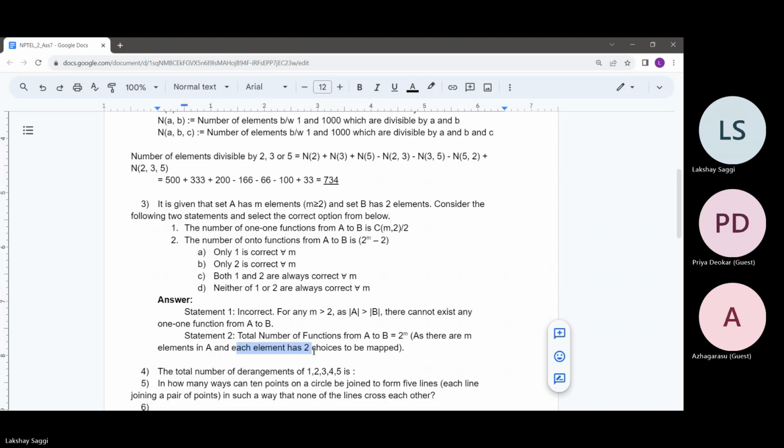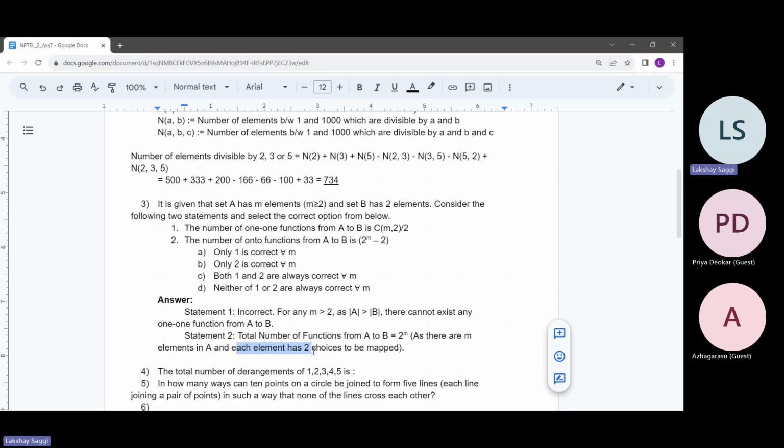I believe this claim is straightforward: one function which will not be onto is the function where all elements of A are mapped to exactly element 1.